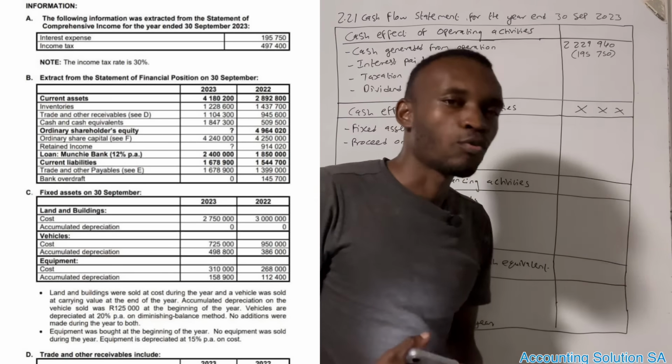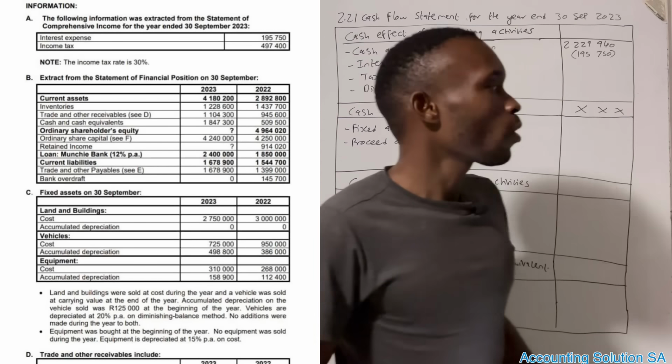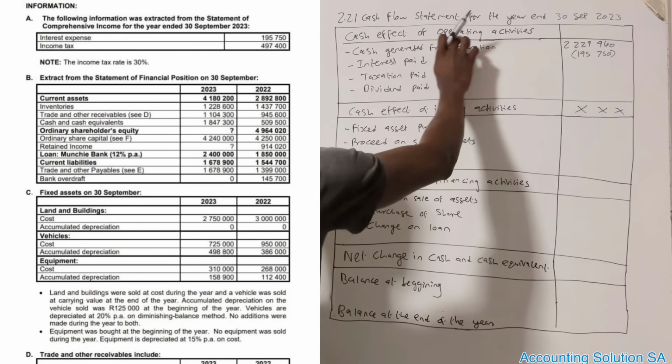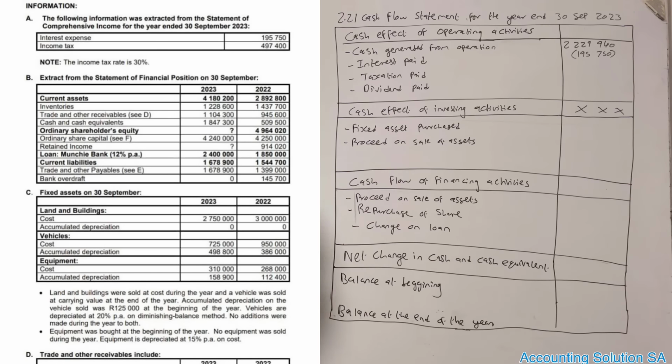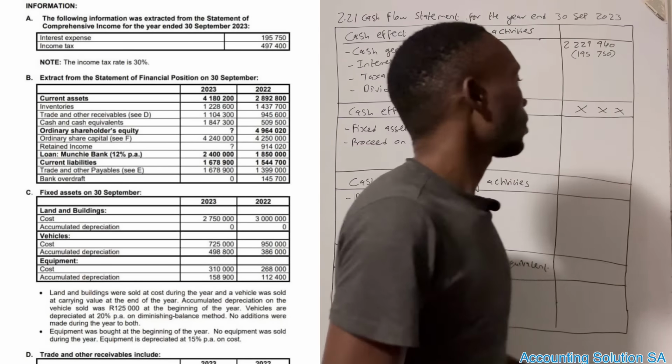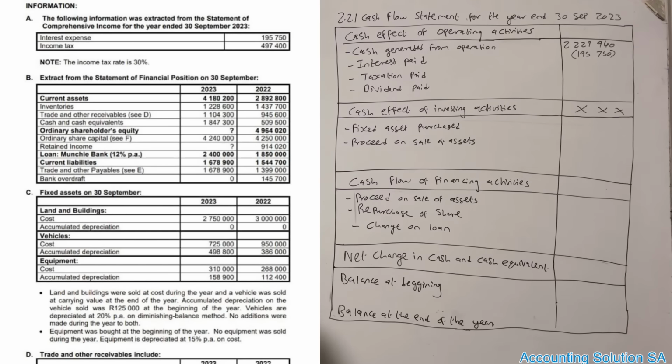Negative is outflow. Okay, so we have three activities that we have to deal with when we prepare a cash flow statement. Activity number one, we call it cash effect from operations. Operation is how we operate our business. Number two, cash that was received or paid from investing.